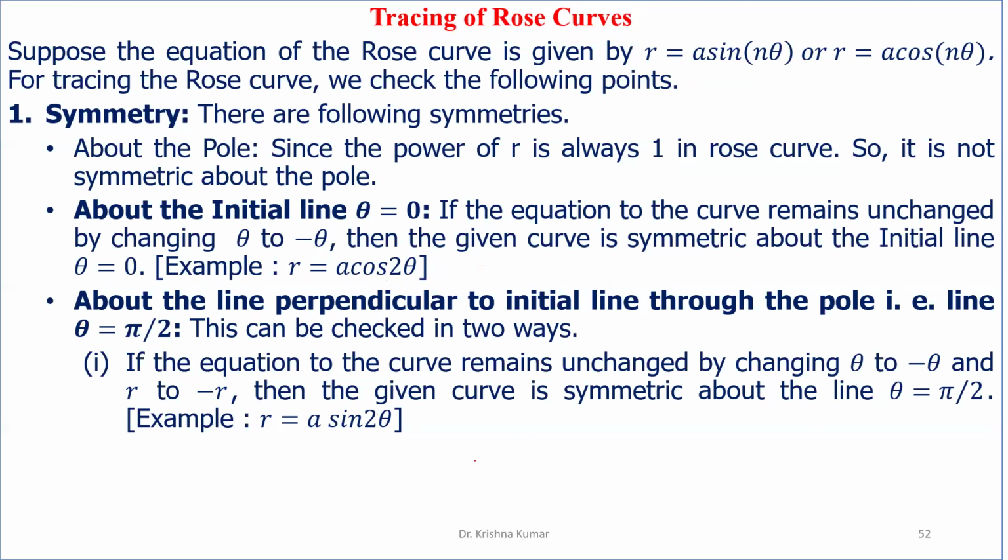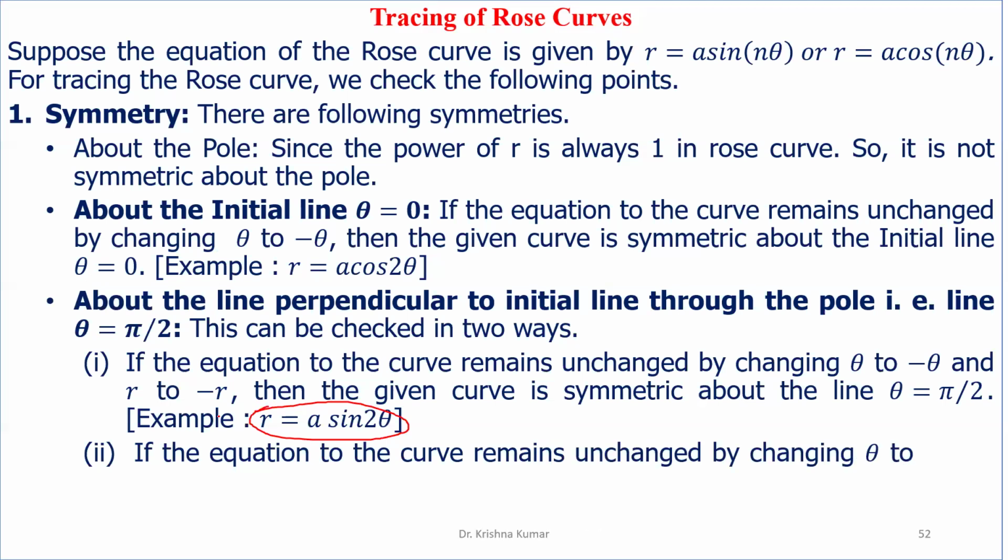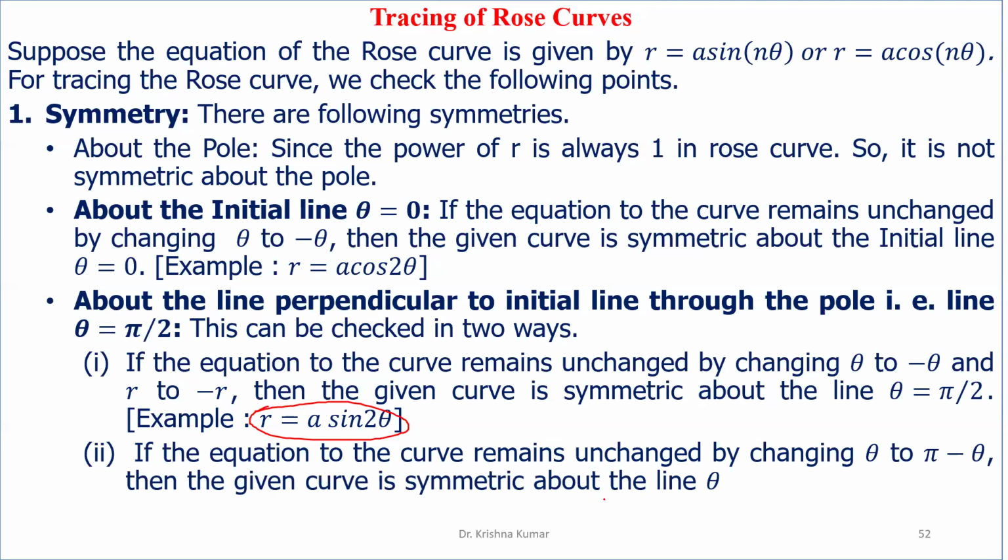Now, suppose this does not hold. Then we have to check one more way for symmetry about the line theta equal to pi by 2, which can be checked by replacing theta with pi minus theta. Then the given curve is symmetric about the line theta equal to pi by 2. For example, if we have r equal to a cos 2 theta, if we check the first way, replacing r by minus r and theta by minus theta, the equation will be minus r equal to a cos 2 theta.